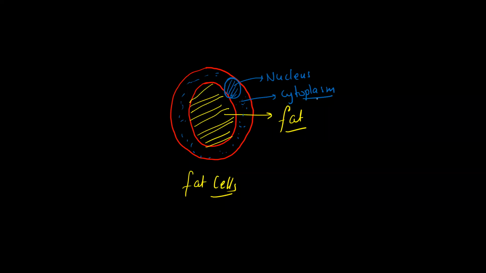Okay, so nucleus and the cytoplasm have shifted towards the corners, and the fat is getting stored in the center. So why are the fat cells doing this? Why are they doing this? So that they can hold the maximum amount of fat in themselves, so that they can store maximum fat.